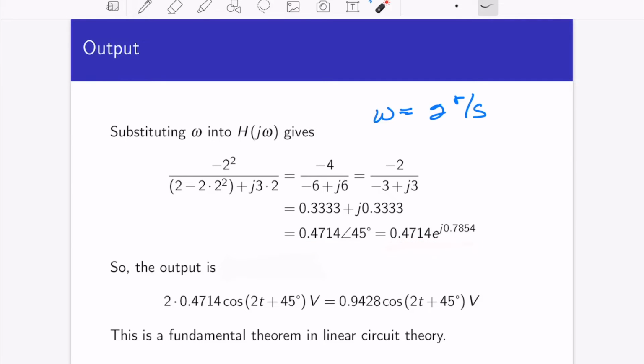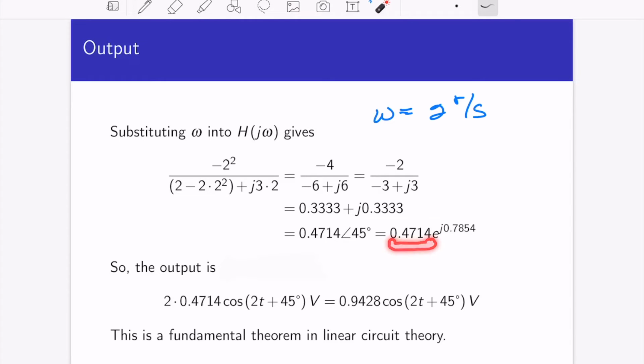If you evaluate this right here, you end up with an actual number. But to figure out what the output is going to be, you just need to realize that this is basically what you're going to increase the gain by, the magnitude of the circuit.